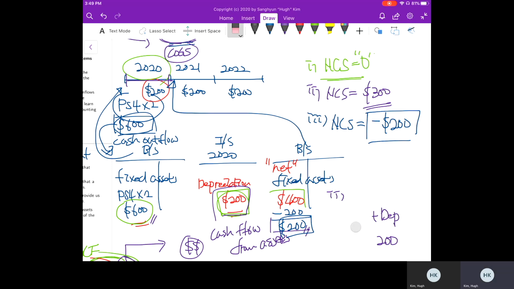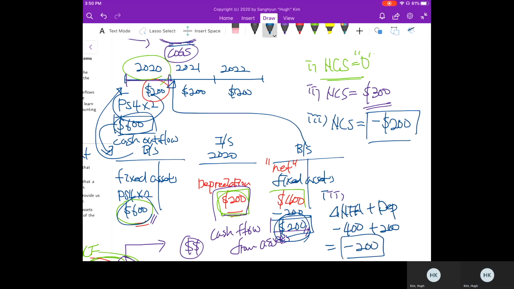So in the third case, the change in net fixed assets is going to be 200 minus 600. So it's going to be negative $400. So if you add back depreciation, the net capital spending is negative $200.